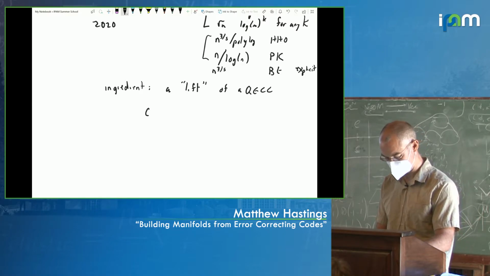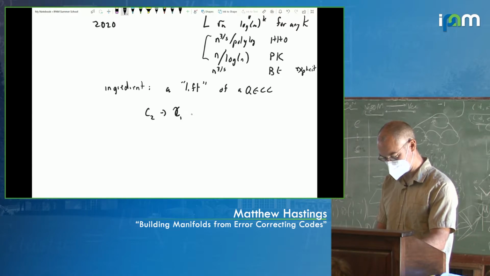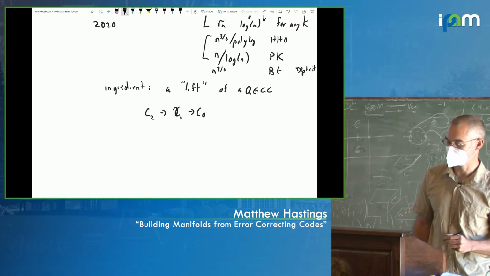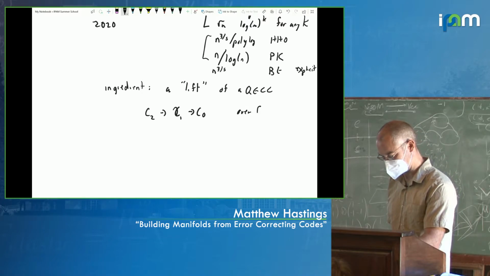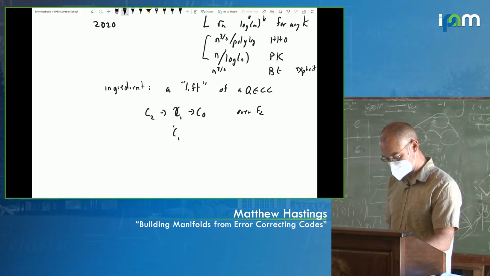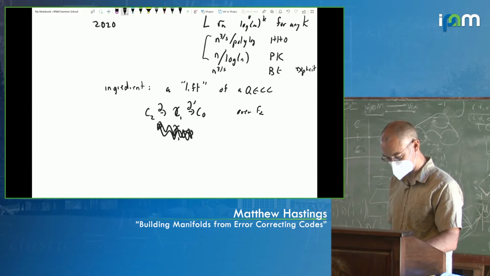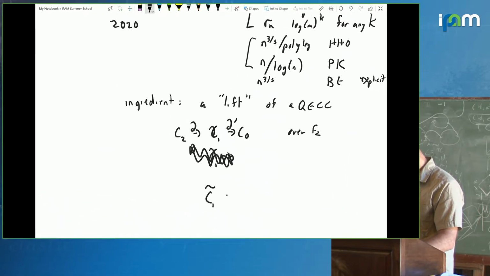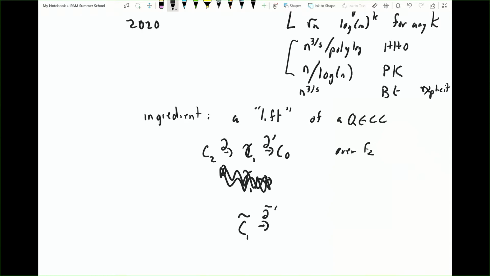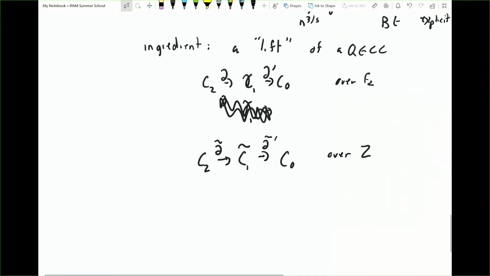Well, we were given this chain complex C2 to C1 to C0 that was the error correcting code over F2. We want to lift it to some other chain complex with some other operators that involve tildes over it, where we lift everything to the integers, over Z. So grad tilde and grad prime tilde should be matrices with entries in the integers rather than over F2.